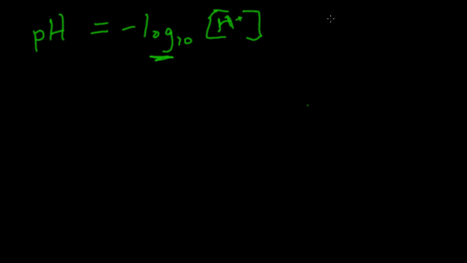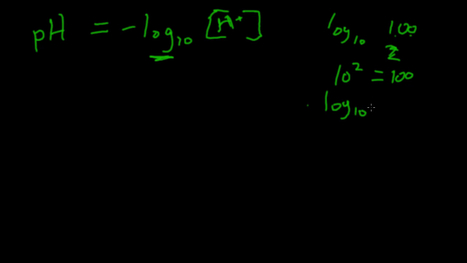So you say log 10 of 100, it's basically going to say, well, that's 2. And that's because 10 to the power of 2 equals 100. Now when you go the other way and you say, well, what's log 10 of 0.01?